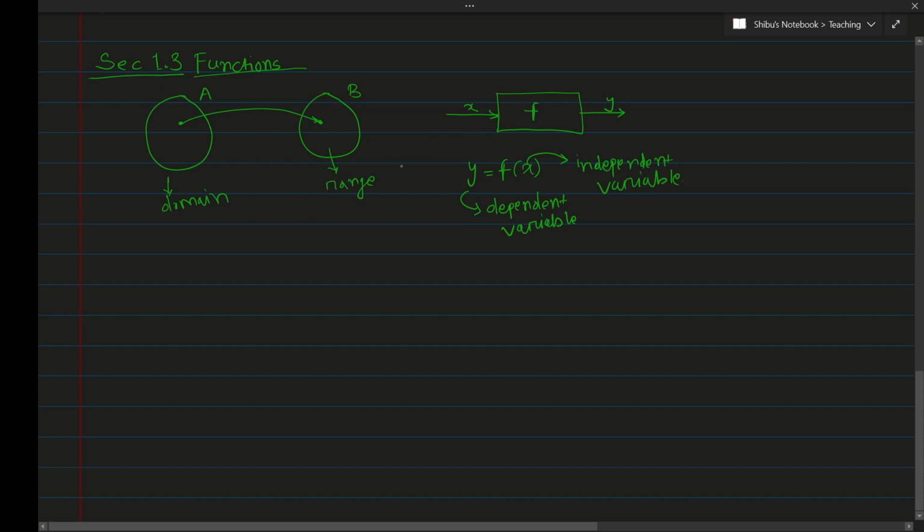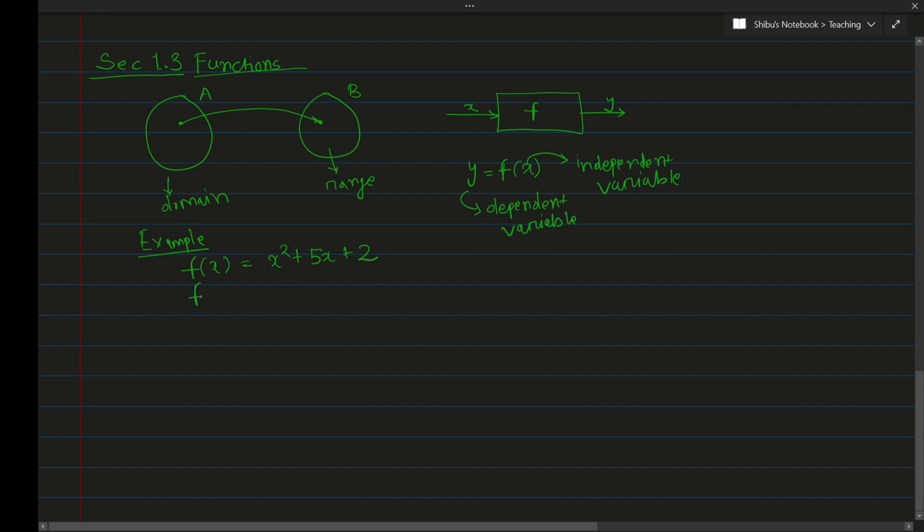Now let's see an example of a function. So let's say we have f(x) equals x square plus 5x plus 2.